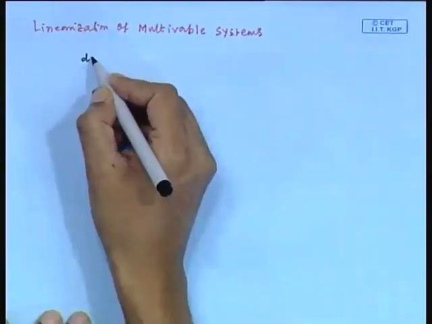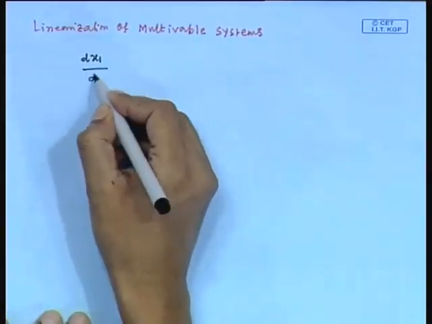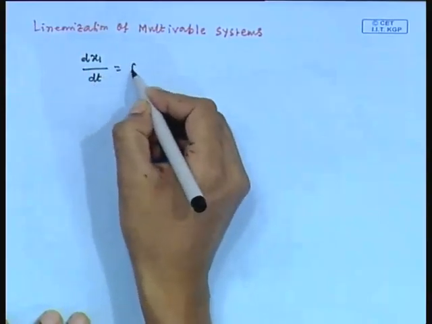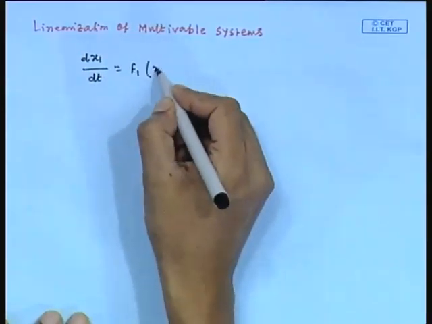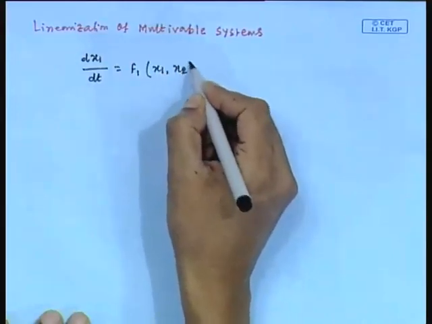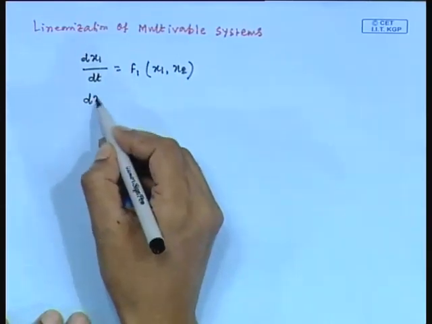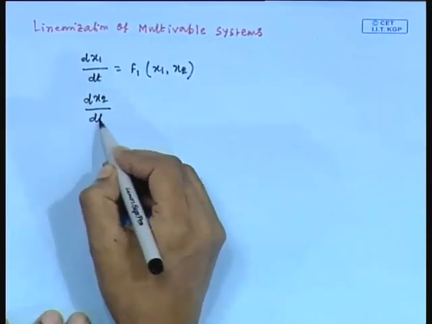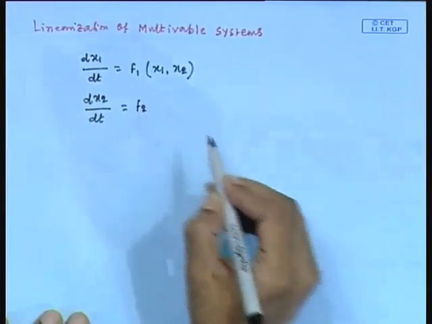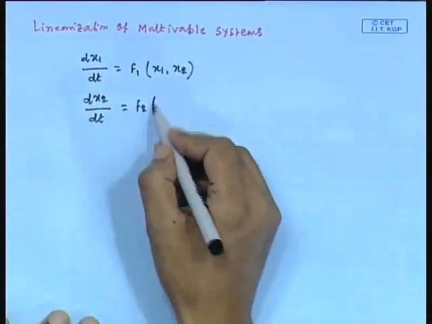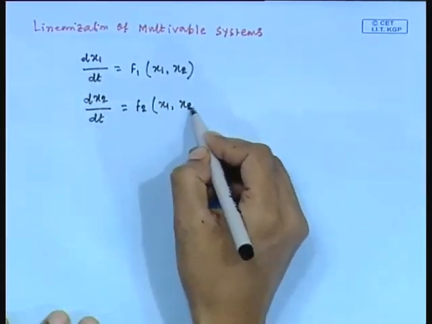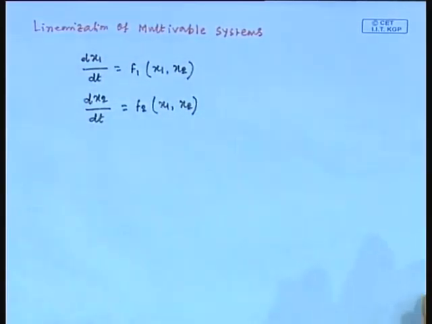Today we will consider a multivariable system represented by these two equations: dx1/dt equal to a function of x1 and x2, and another equation, dx2/dt, the second function f2, which is also a function of the two state variables, x1 and x2.